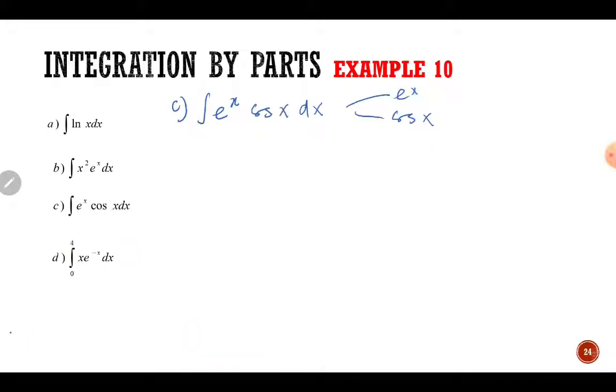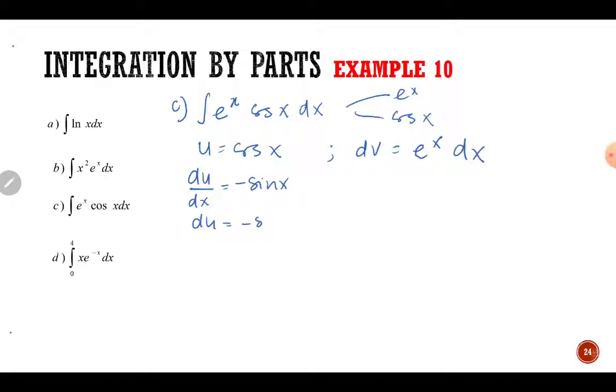So maknanya of course lah pilihan kita pilih cos x sebagai you punya u, and dv adalah e to power of x dx. Okay, so du over dx is equals to negative sin x. So your du is equals to negative sin x dx. And v pula, integrate e power of x dx, you get e to the power of x.